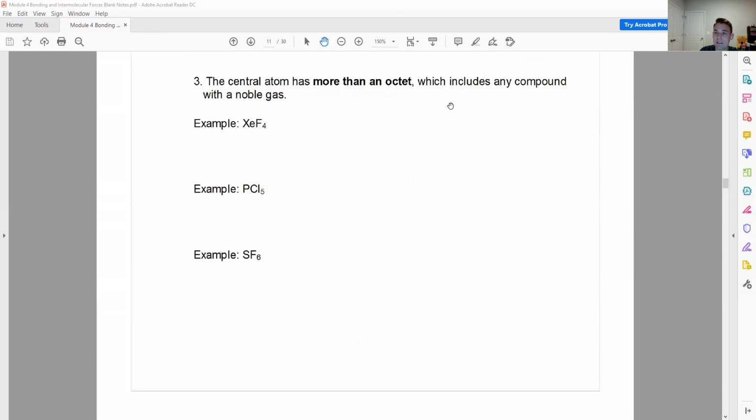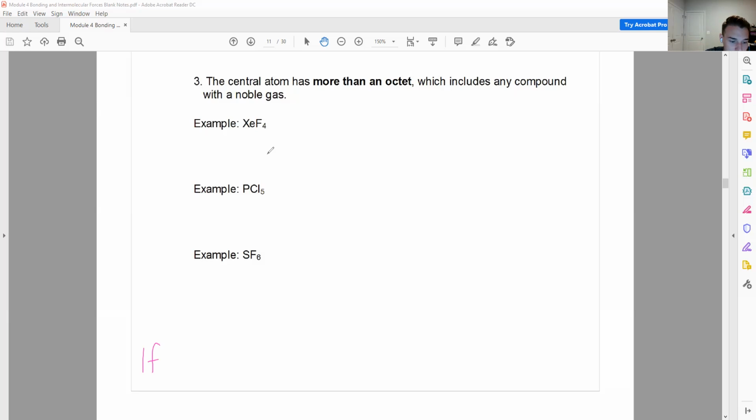Okay, and then the ones that we're going to see most often are a central atom that has more than 8. Just like we saw with that chlorine, it had more than 8. Why? This is important that we understand this concept. How can it have more than 8?